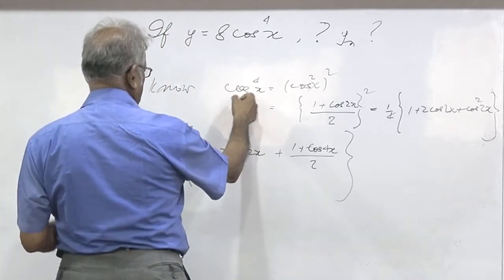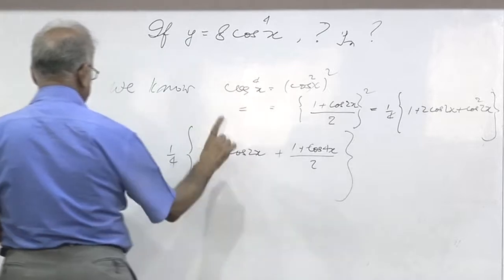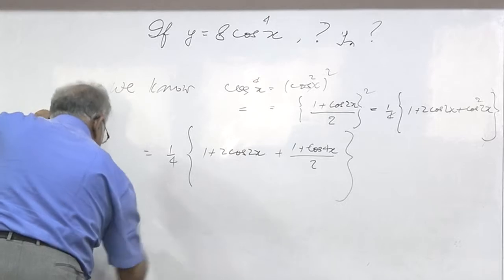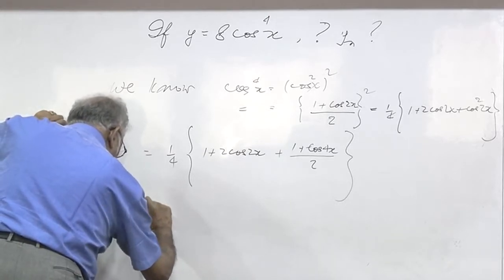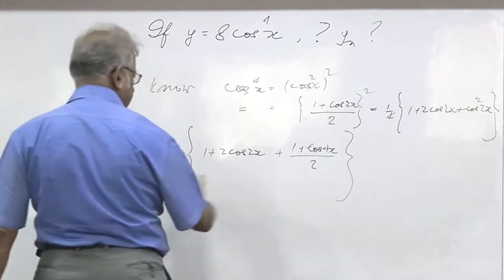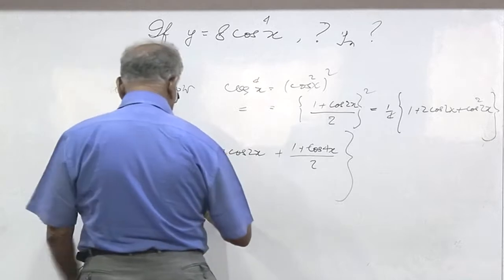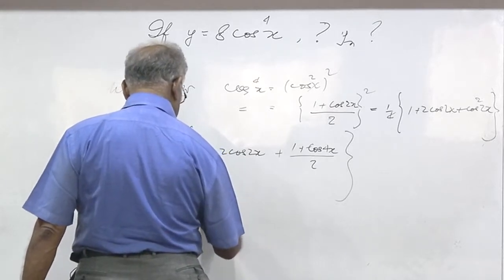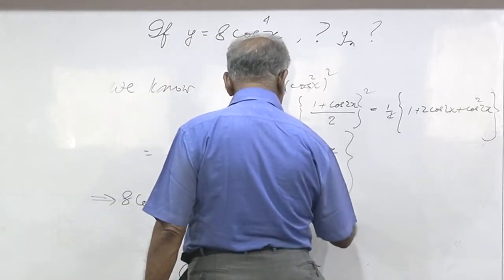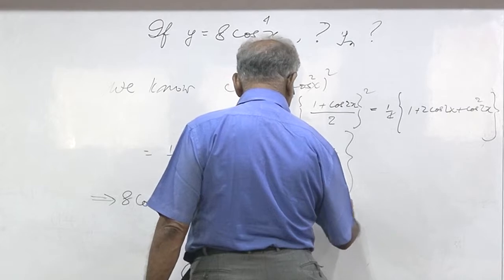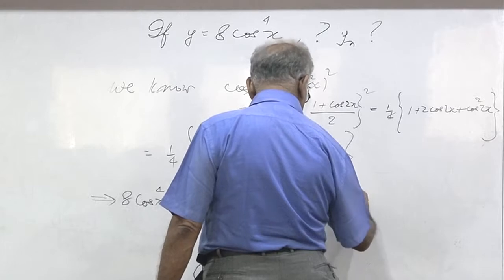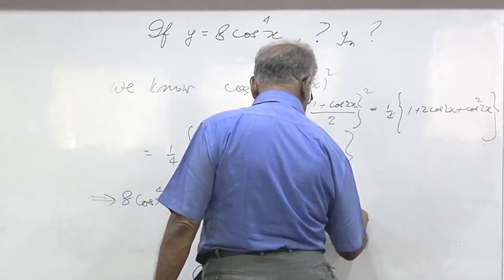Hence, if this is cos to the power of 4, we will write this implies 8 times cos to the power of 4x will be, we multiply this entire thing by 8, so that will be 2 times this term plus 1 plus cos 4x, sorry, this is cos 4x, not 2x, this is cos 4x.